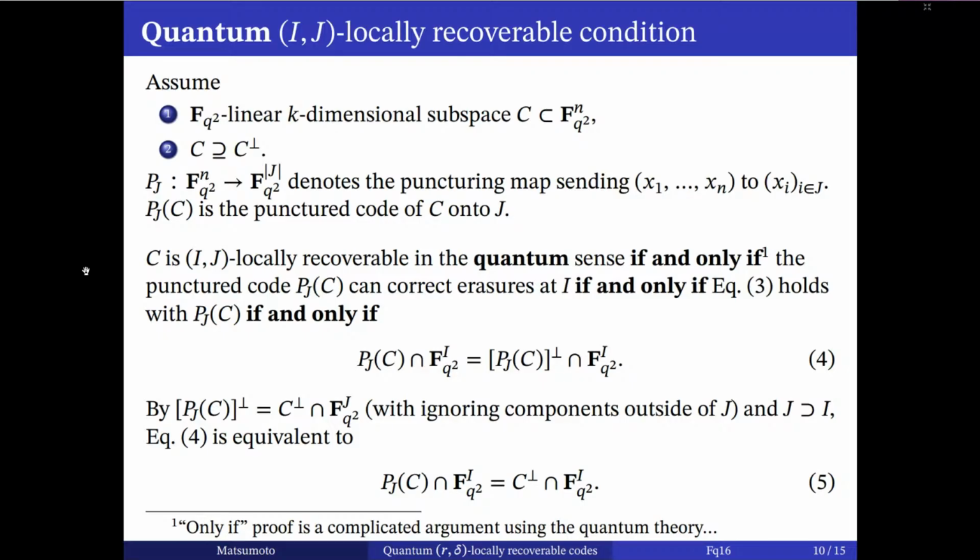And we have the identity that the dual of the punctured code of C is equal to the shortened code of the dual of C. So equation 4 is equivalent to this one. Here, the left-hand side is equal to the classical condition, but the right-hand side is somewhat different.